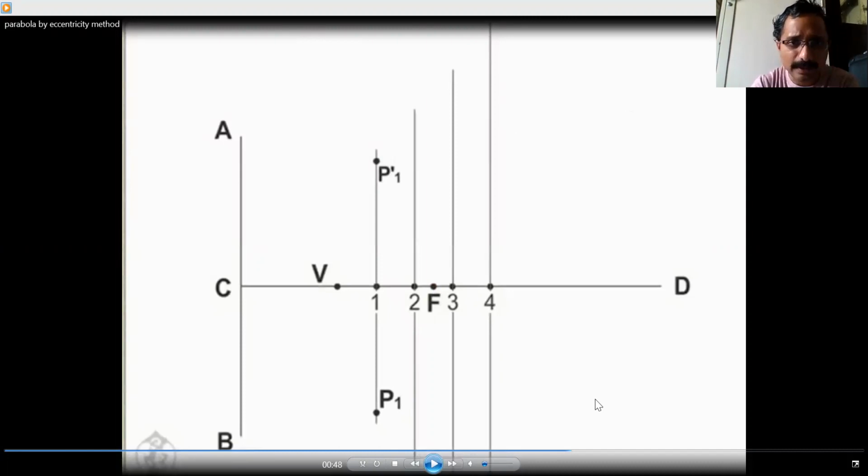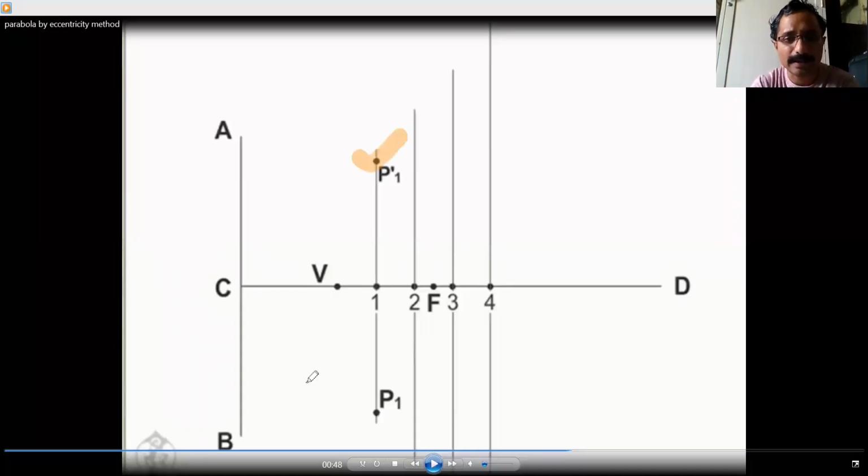So these are the arcs above the axis as well as below the axis with F as center and radius equal to C1. I'm having an arc here as well as one more arc here on the first vertical line, at the chosen point 1.